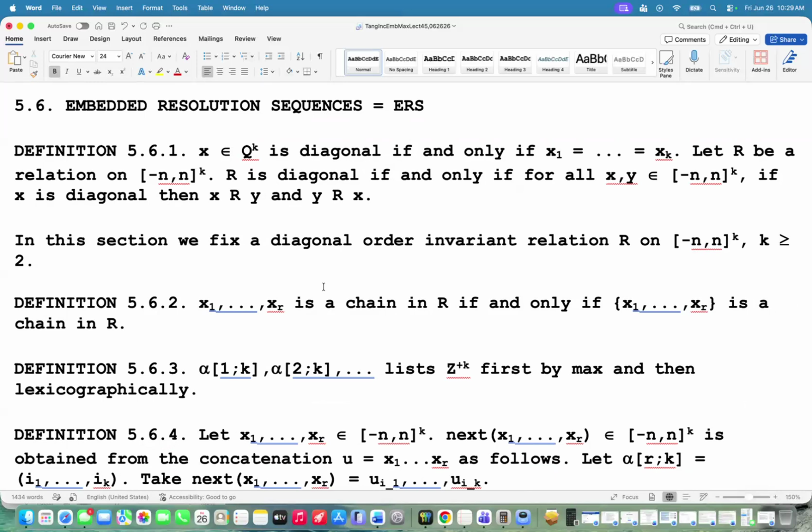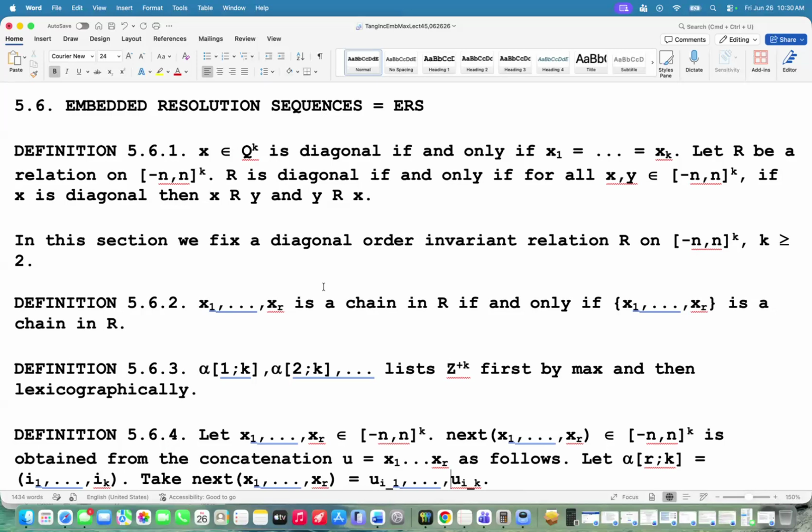A tuple is diagonal if all of its coordinates are equal, and a relation on minus n to the k is considered diagonal if and only if every diagonal tuple is related to every tuple in both directions, xRy and yRx. So you're really absorbing all the diagonal ones. This comes up for technical reasons. It's pretty harmless.